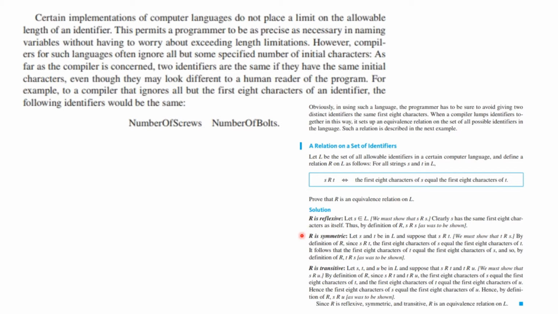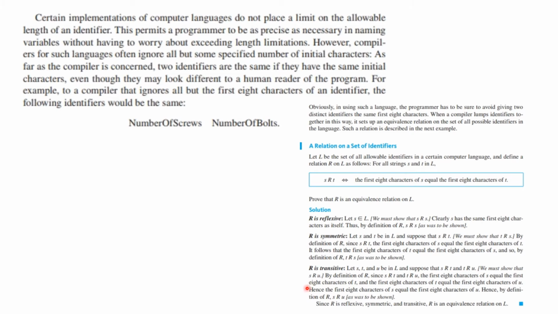And we can prove it's an equivalence relationship because the first 8 characters of an identifier are the same as the first 8 characters of that same identifier, so it's reflexive. If the first has the same 8 characters as the second, then the second has the same 8 characters as the first, so it's symmetric.